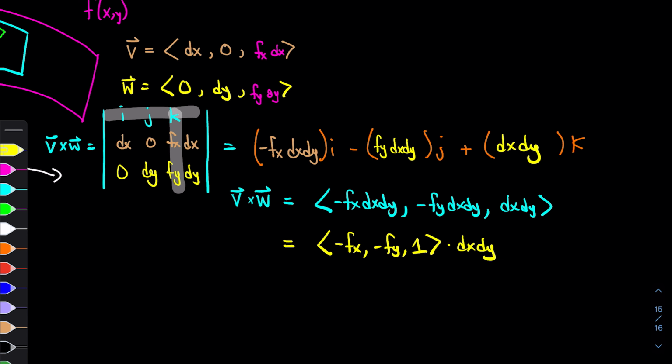Big whoop, it's some value. Well, how do you come up with the magnitude of this? If this is v cross w, then the magnitude of v cross w, well, hopefully we remember how to take the magnitude of a vector. It's just going to be, for us, the square root of f sub x squared plus f sub y squared plus 1.